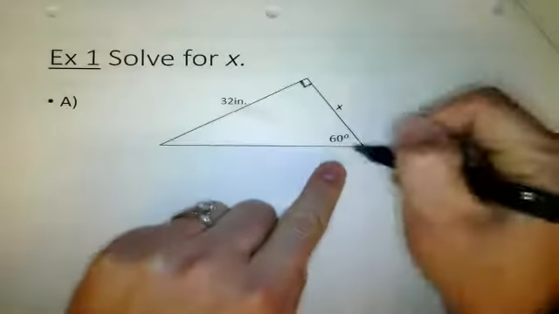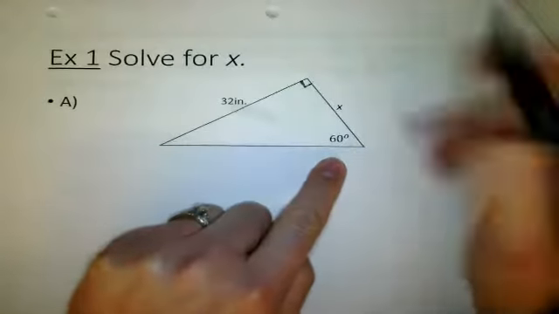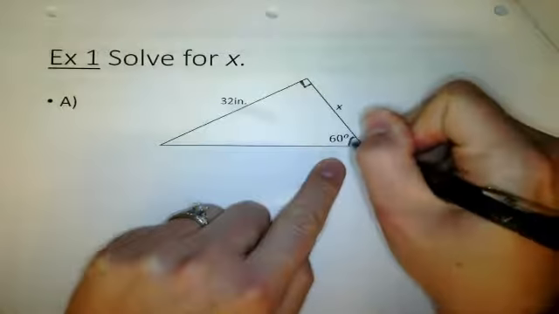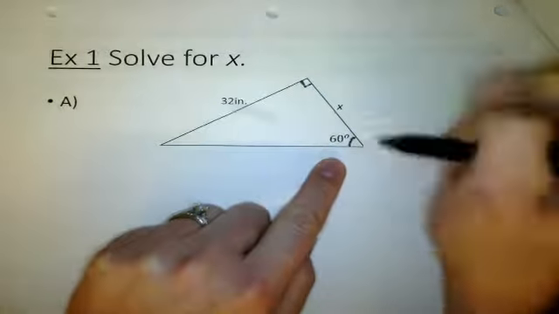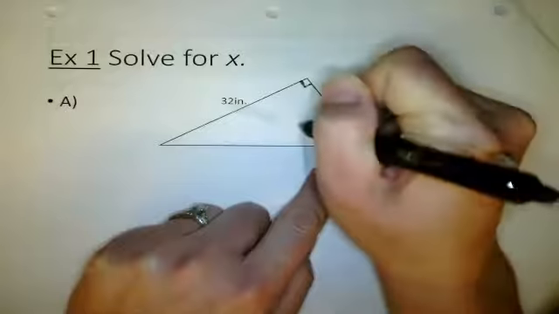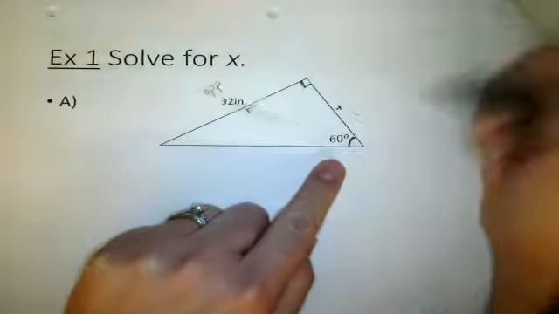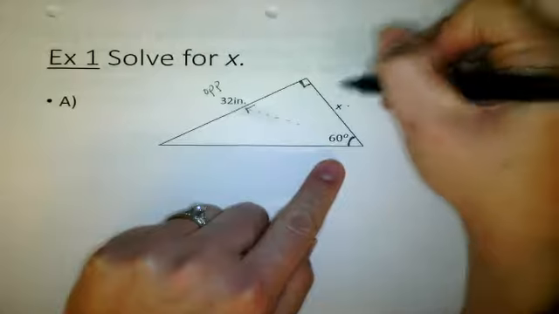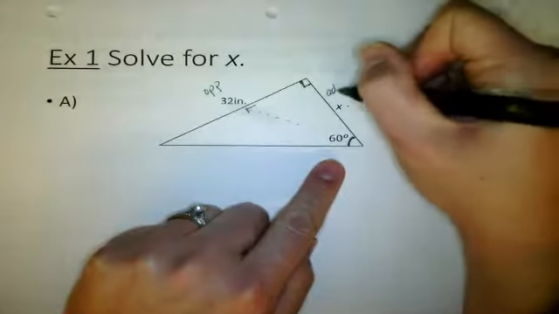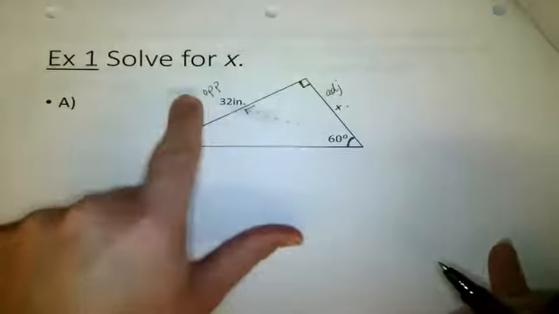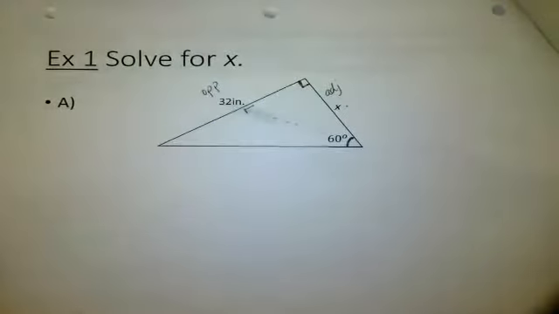So we have a little bit of information in this triangle. Very nice here. We have a 60-degree angle. And if I know this 60-degree angle, what would I call this side? The opposite side, all right? And what would this side be? The adjacent side. And if I have the opposite and adjacent side, then which trig function can I set up?